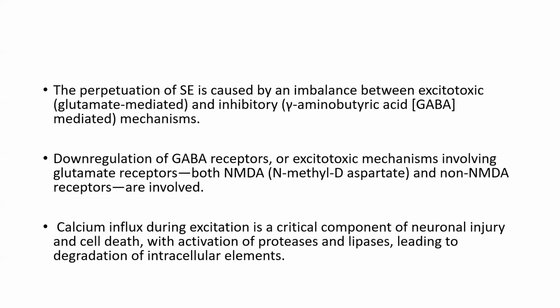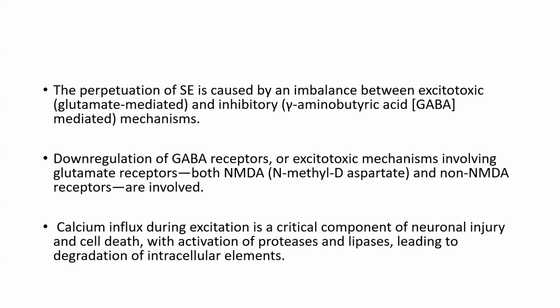Now, the perpetuation of status epilepticus is caused by an imbalance between excitotoxic mechanisms, like glutamate mediated, and inhibitory mechanisms, like GABA mediated. So, downregulation of GABA receptors and excitotoxic mechanisms involving glutamate receptors, both NMDA and non-NMDA receptors, are involved.